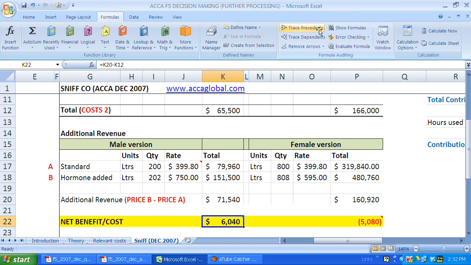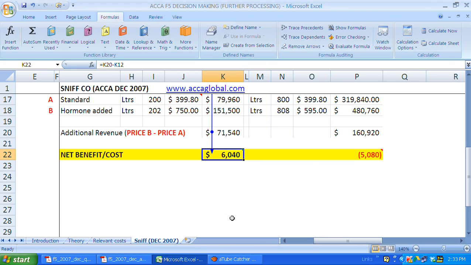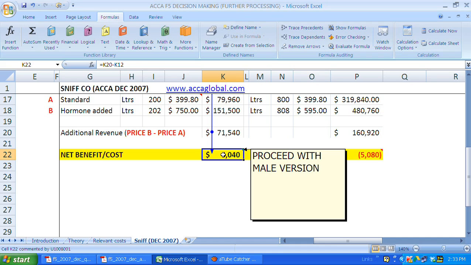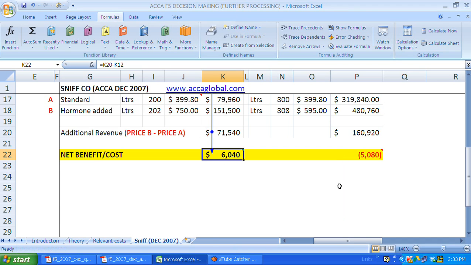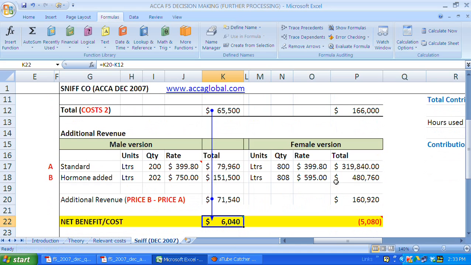The additional revenue for male is 71,540 minus the total costs of 65,500, which gives me a positive figure of 6,040. So the conclusion from this is that we should proceed with the male version because the additional revenue exceeds the additional costs. How about the female version?